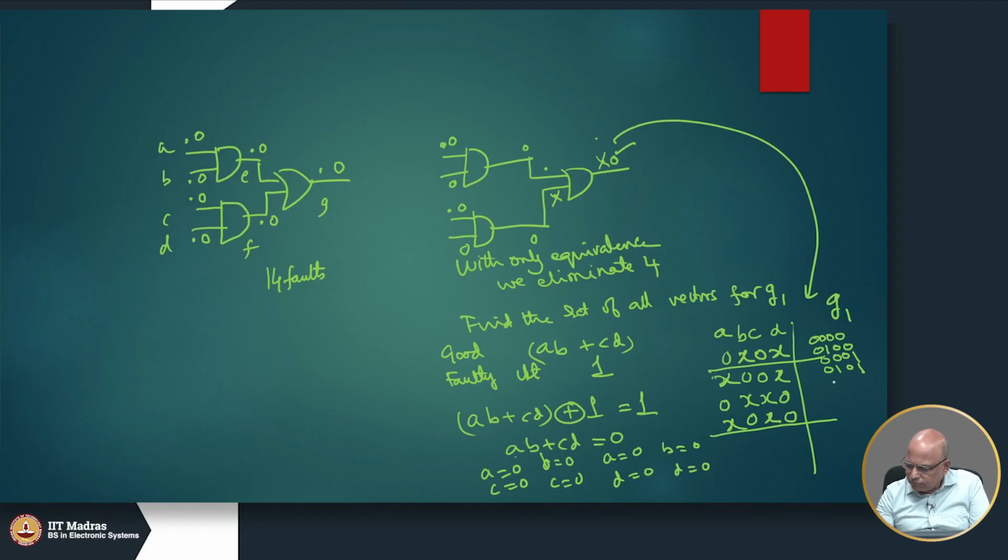So, we can have 1000 and 1001, and similarly we can have 0010, 0110, 1010 and so on. So, I can think of 1, 2, 3, 4, 5, 6, 7, 8, 9, 10 vectors.